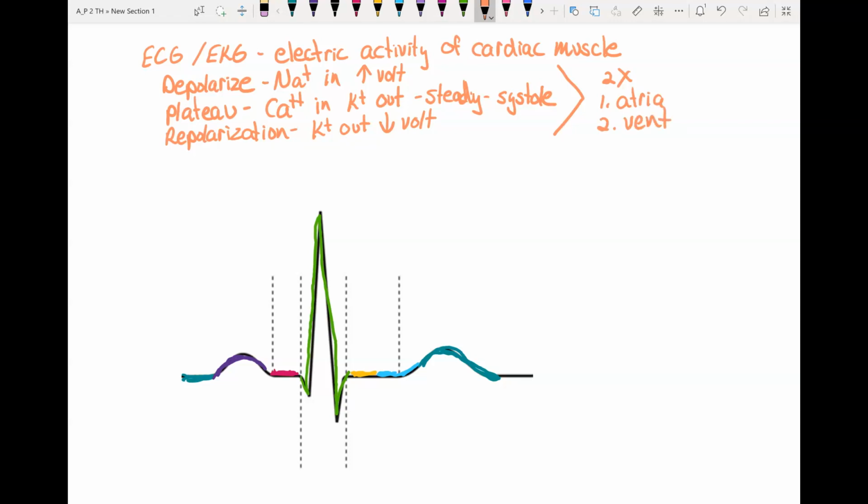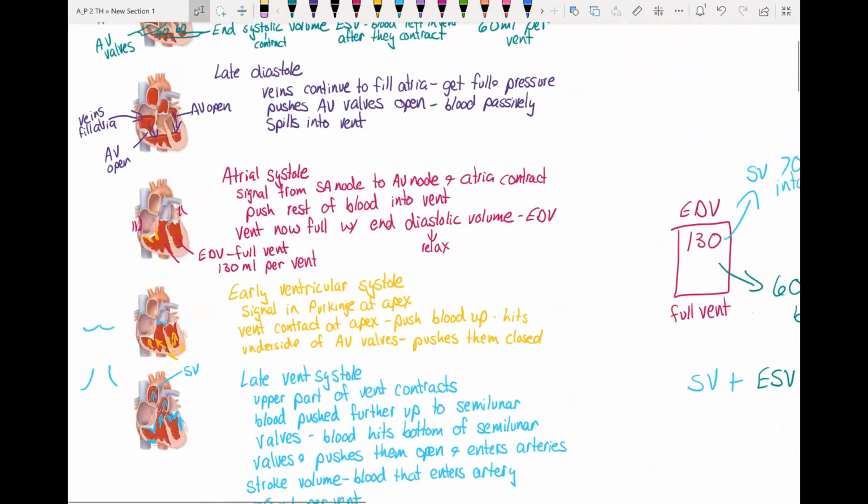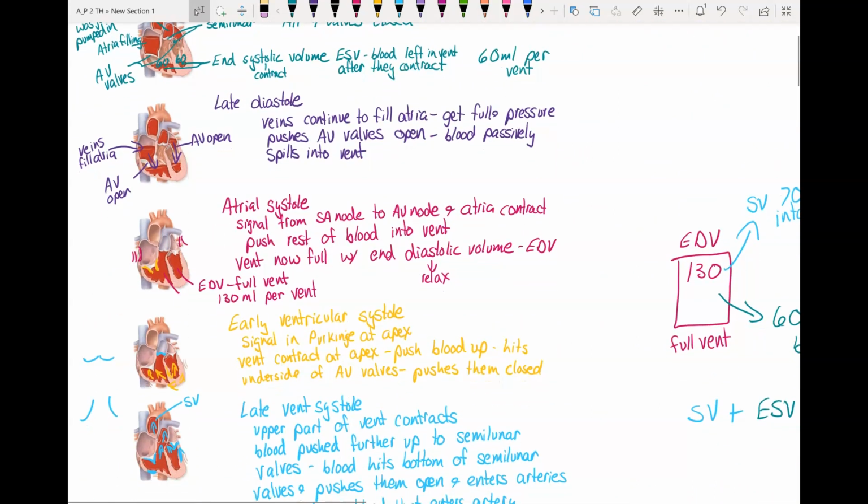So this graph is electrodes picking up these activities, depolarization, plateau, repolarization in the cardiac muscle. And I've already color-coded this graph. I color-coded it to match what we have up here in the last set of notes you took, because the electrical activities correspond with the different parts of the cardiac cycle.